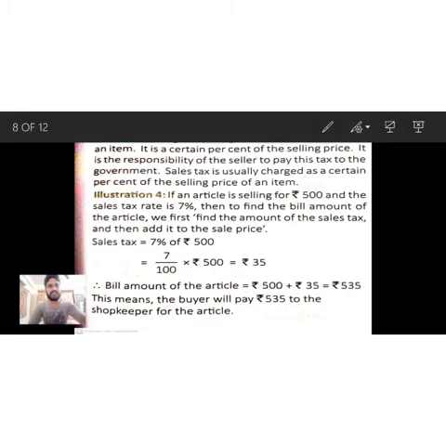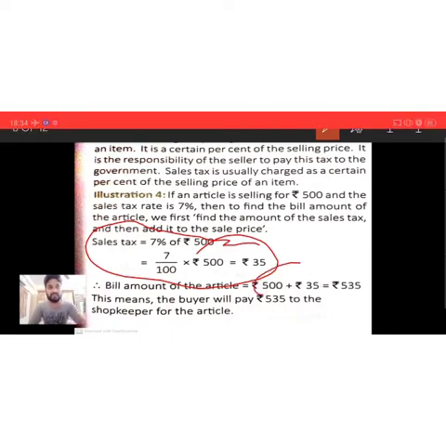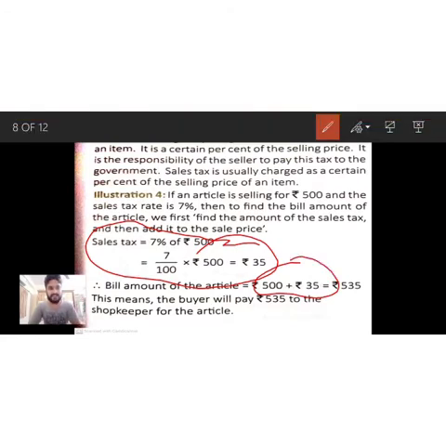Discount is a price which is subtracted from the marked price, and sales tax is an amount which we have to add to the selling price. And one more thing, the sales tax is always calculated on the selling price of an article.